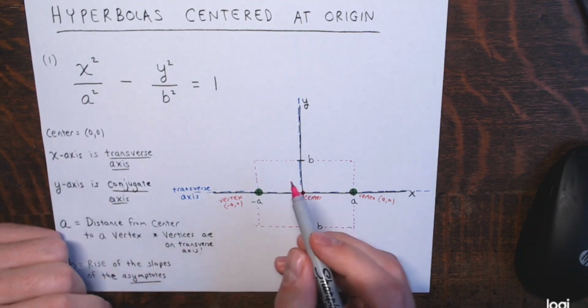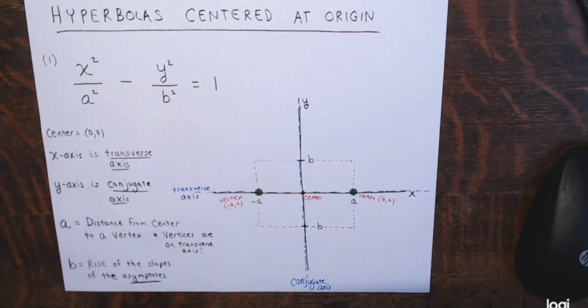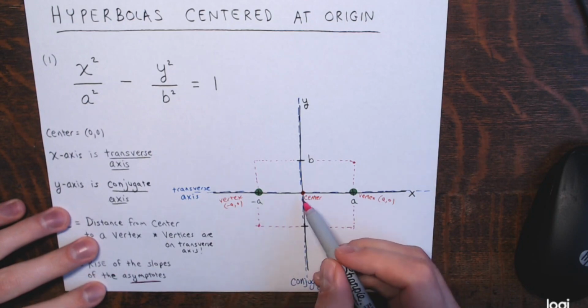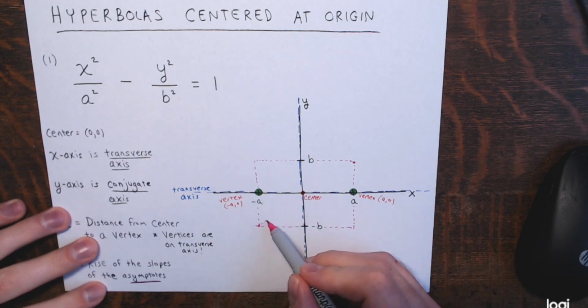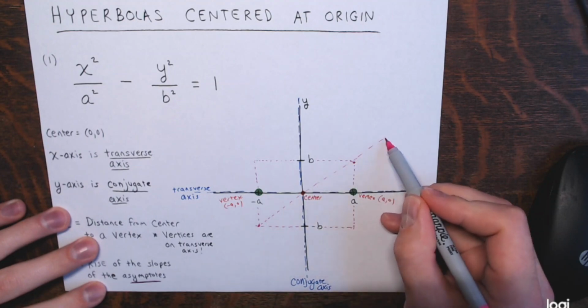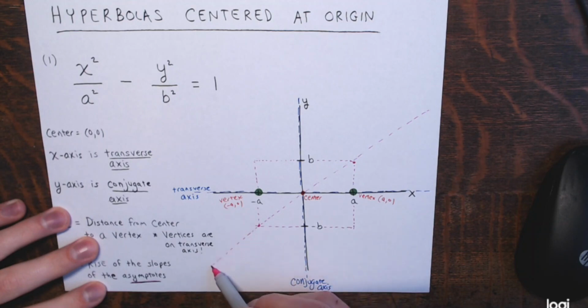And these asymptotes that are being mentioned, right, the slant asymptotes, these run through the corners of the box and through the center. So here's an asymptote. Right, there's one of the slant asymptotes for this hyperbola.